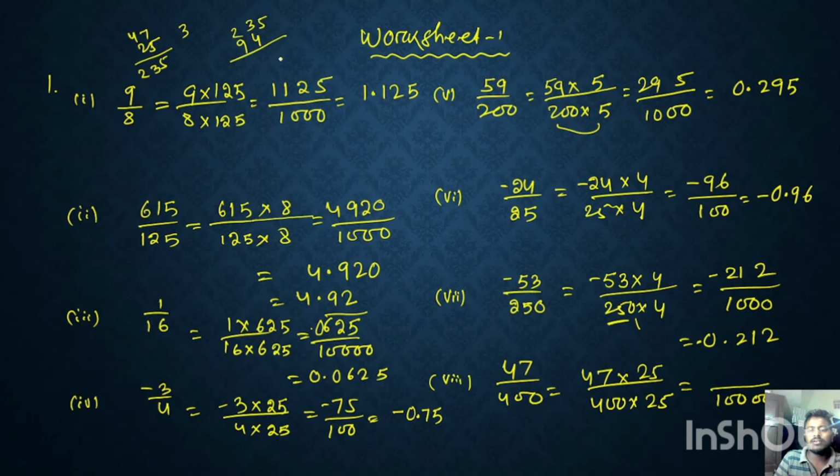Now R, then 5 7 11, so answer is 0.1175.